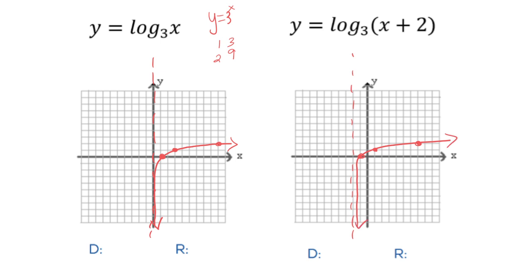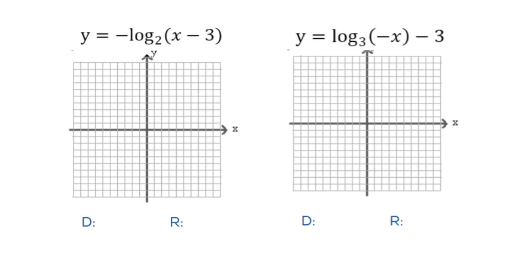All right, range. I don't know why I'm starting with range, just because I want to, because it's always negative infinity to infinity on logarithm graphs. Domain, this one is blocked at 0, but the next one went left 2. So now the boundary is negative 2 to infinity.